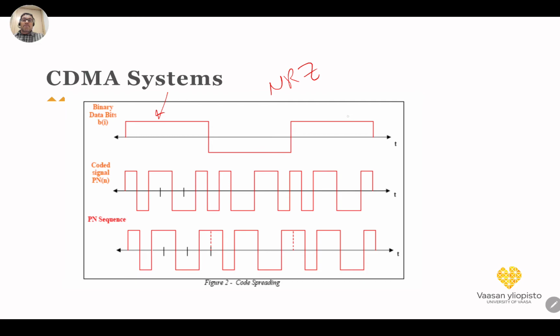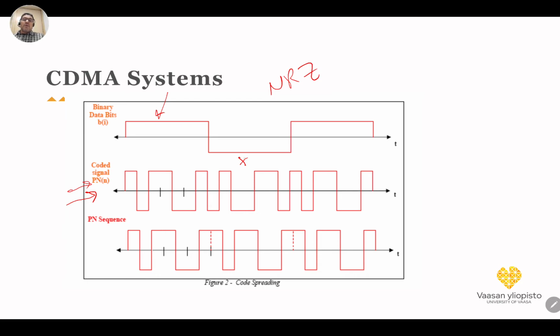Then we do a simple multiplication of this signal with the coded signal, usually called PN, pseudo noise, or pseudo random signal. It is random for others, but it is not random for us. We generate it, so we know it. The transmitter knows it, and the receiver also knows the code. But for the others, it is random and unknown.